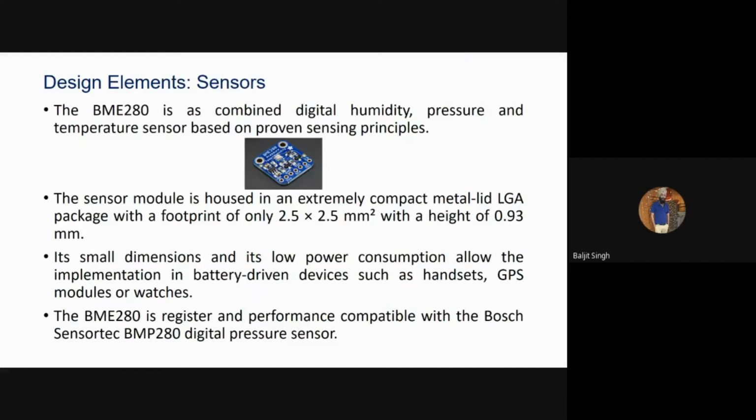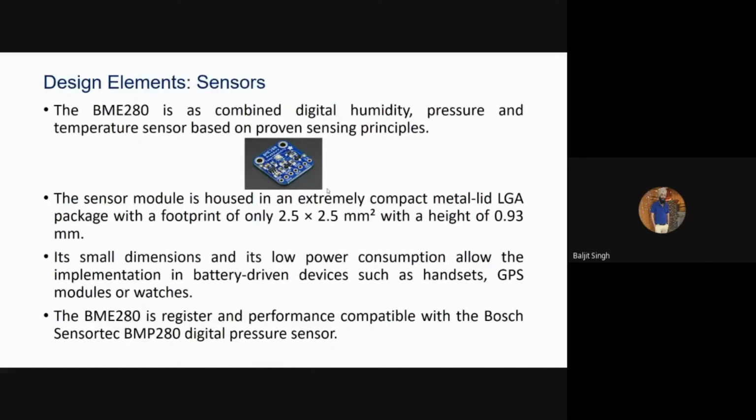In those smartwatches, this same sensor is being used. Its reliability and low power consumption are really good, and that is why we selected this sensor.